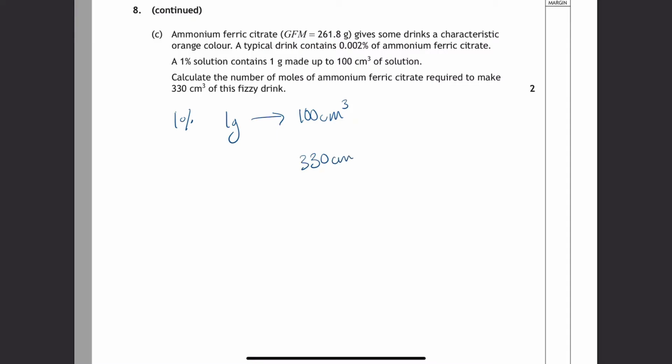So we can work out how many grams is in a solution of that volume when it's a 1% solution. We don't really need to scale down to 1 centimetre cubed, but I just do it all the time anyway. So 1 over 100 and then multiply up to 330. So 1 over 100 times by 330.